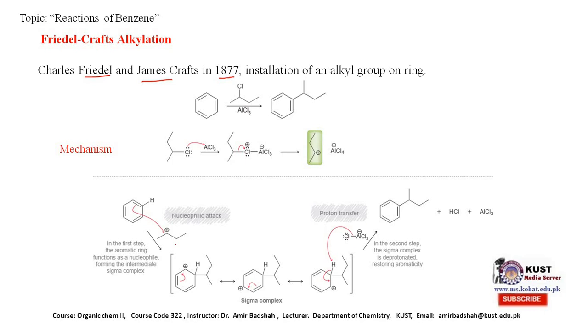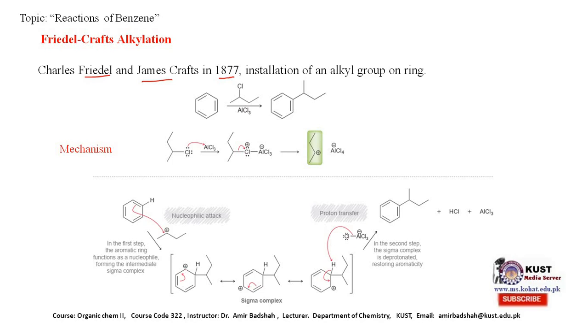After the formation of the alkyl carbocation, it is attacked by the benzene, where benzene acts as a nucleophile. This species is an electrophile, and by attacking of this, a pi complex forms, and then from the pi complex it is converted into a sigma complex, where a proper sigma bond is formed, and along with it a positive charge appears on the adjacent carbon, which is delocalized over the ring.